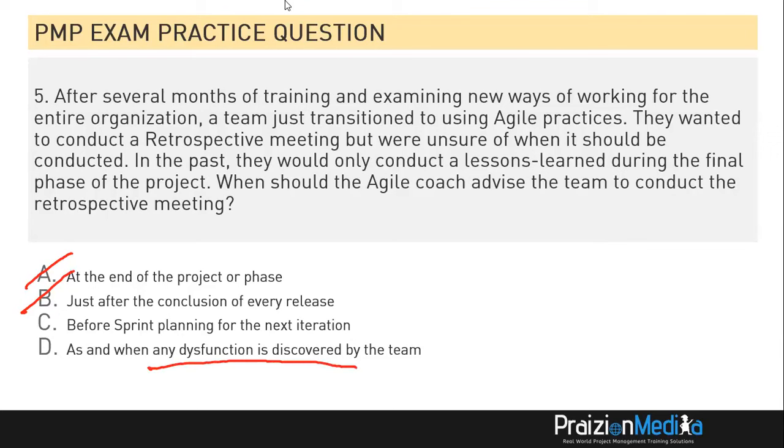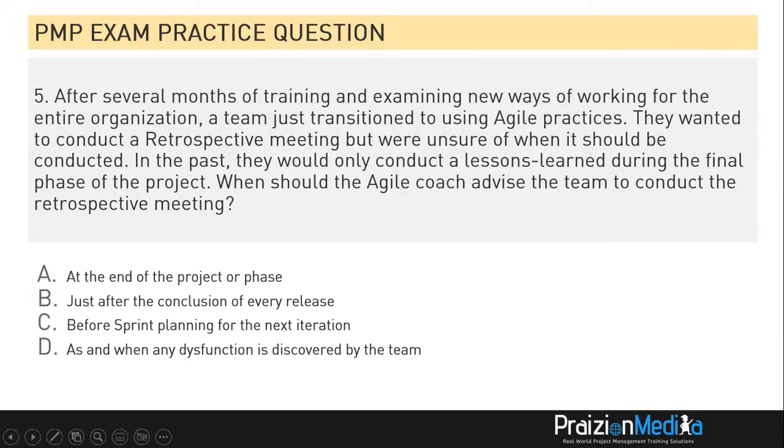It also doesn't fit various models used in the world of Agile. So the best one to choose, my friends, is not A, B, or D. The best option is option C, before sprint planning for the next iteration. That makes the most sense.